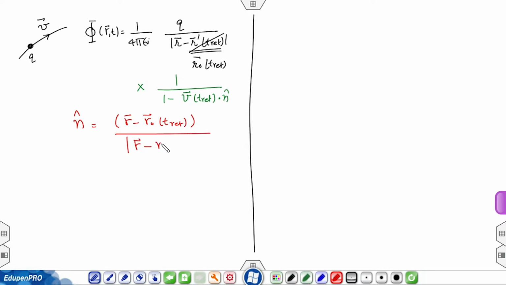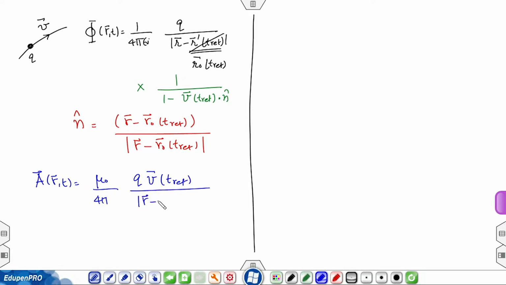So, it is that unit vector in that direction. And similarly, A r t is going to be mu 0 over 4 pi q v at t retarded divided by modulus r minus r naught at t retarded times this correction factor 1 over 1 minus v at t retarded dot n.